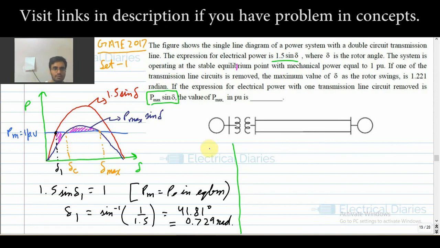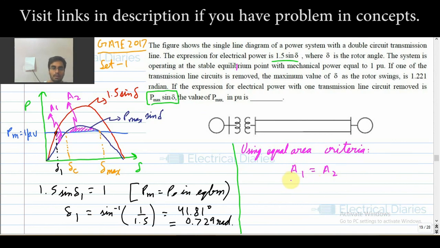So let us say this is area A1, this is area A2. So from equal area criteria, your A1 is equal to A2.